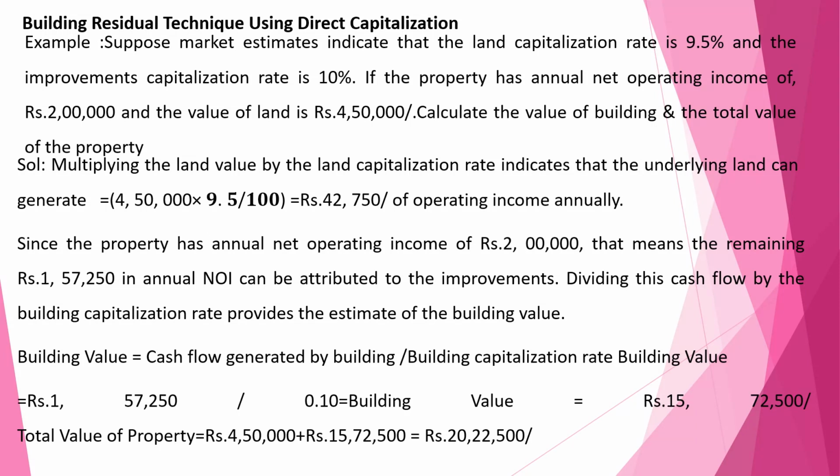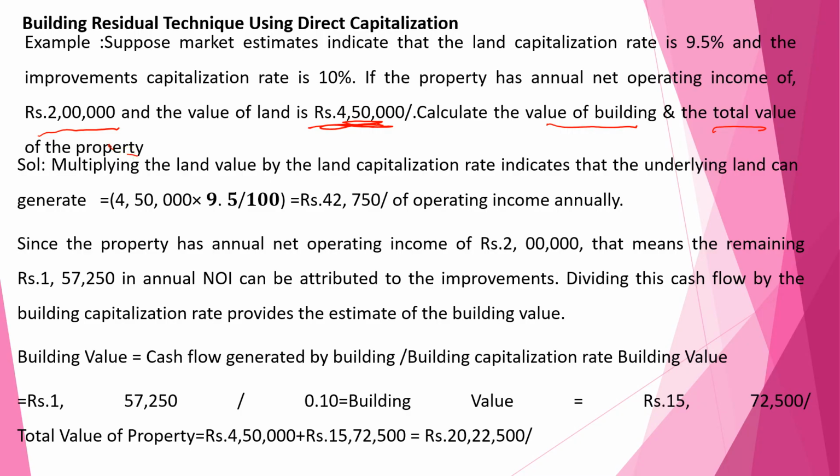Now another example, the building residual technique. Here in this question also, the land capitalization rate is 9.5% and the improvement rate is 10%. The property has a net operating income of 2 lakh and the value of the land is 4 lakh 50,000. Calculate the value of the building and the total value of the property.